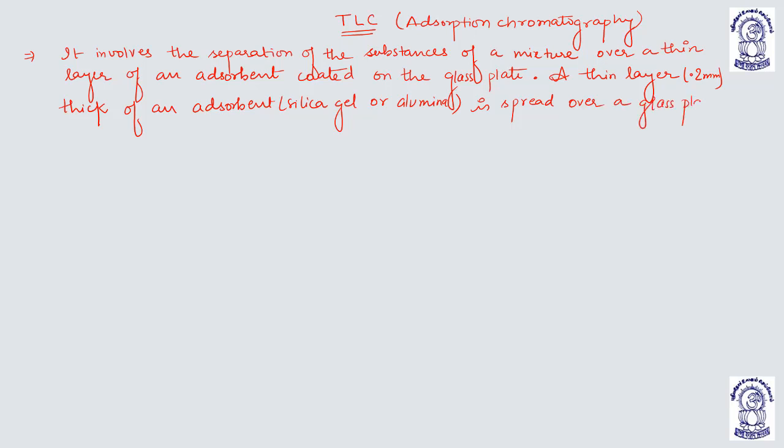So we take a glass plate, a glass slide, on which a 0.2 millimeter thick adsorbent is coated. That adsorbent is basically silica gel or alumina. Now this acts as a stationary phase. The adsorbent we are coating on the glass plate will act as a stationary phase.